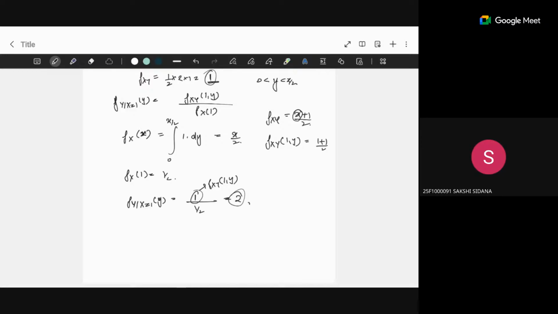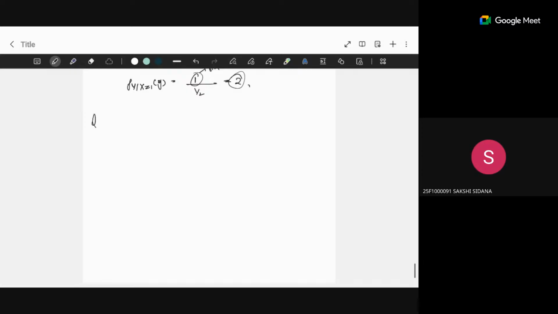Ma'am, question number 2. It is kind of a 6.3 similar question. Just help me with the probability that x plus y is less than 4, x is greater than 0, y greater than 0. Okay.